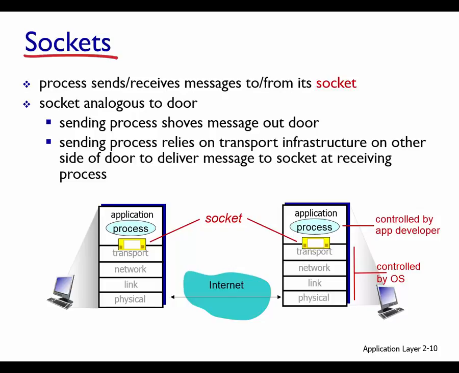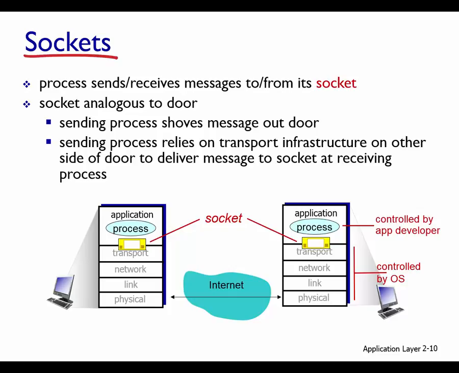Okay, next up, let's talk a little bit about sockets. Like we said, when there's inter-process communication, you have to have some sort of API, some application programming interface, and the socket is the one used in the networking paradigm. Basically the socket is kind of like the door between the application layer and the transport layer.